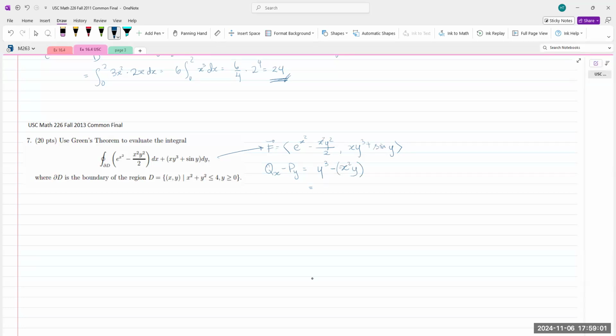So that is actually y, I factor the y out, and then I have x squared plus y squared. Where D is the region where x squared plus y squared is less than or equal to 4. So that's the disk with radius 2. Oh, and the y is positive. So we are talking about this guy here.